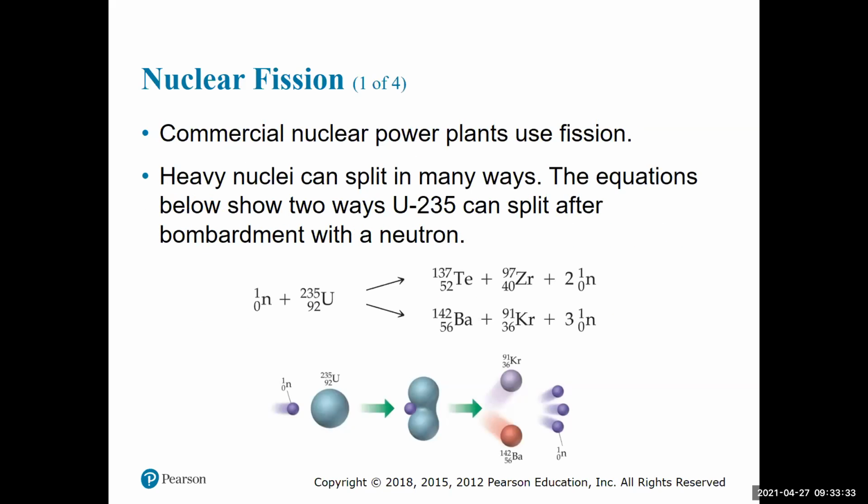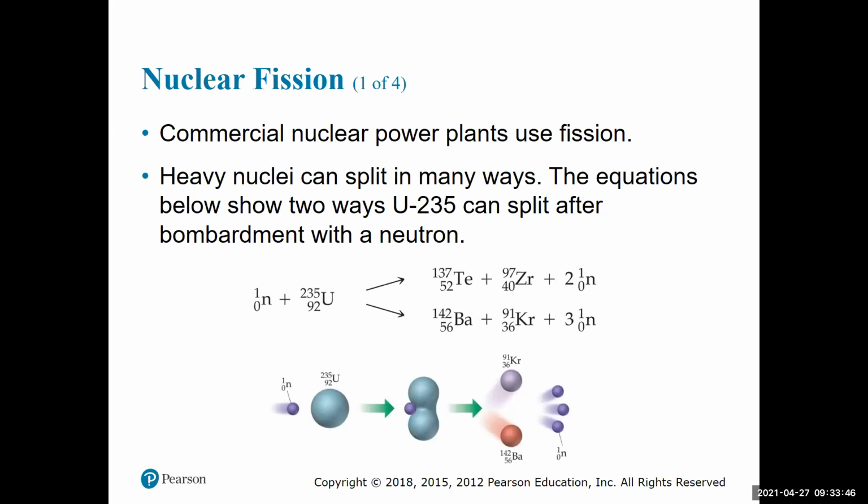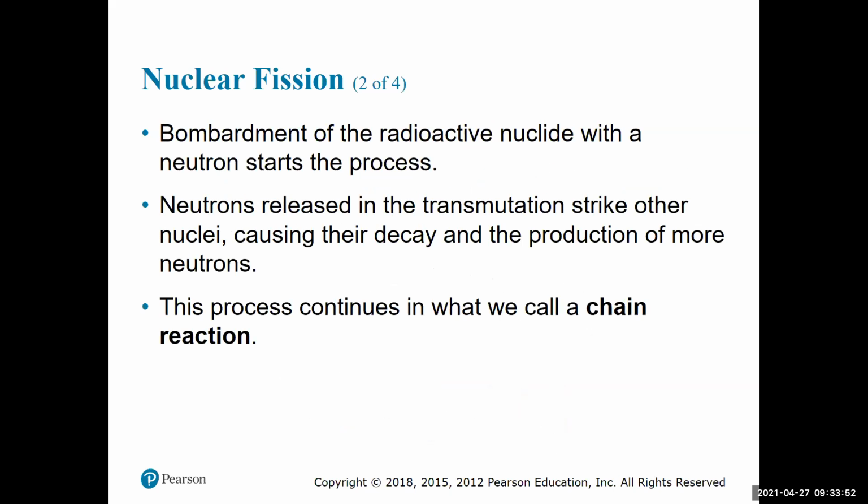In this case, a neutron bombards it, and that starts the process. Then it just kind of goes from there, because now neutrons are released in the transmutation, strike other nuclei, causing more decay, and it propagates itself.